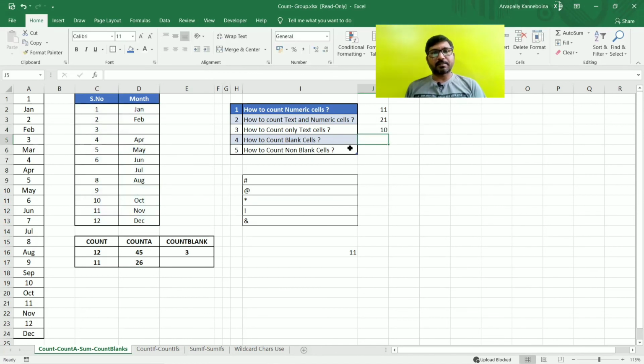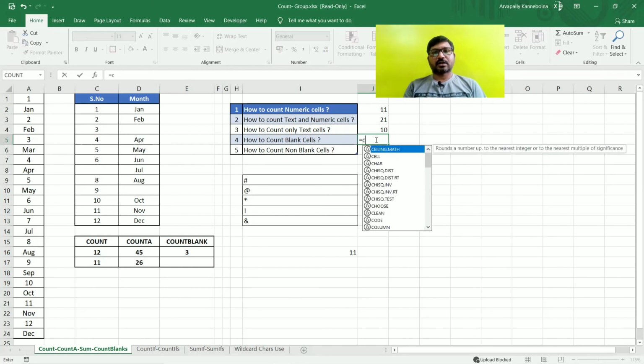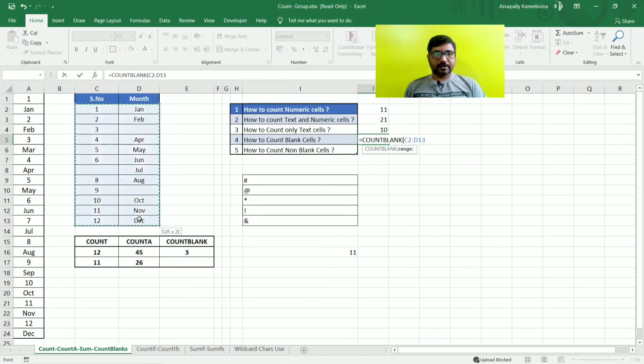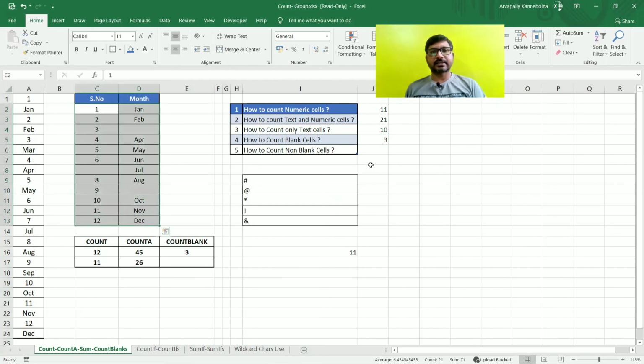Then how to count the blank cells is equal to, already we discussed, count blank. Count blank should get the input as a range. There are three blank cells in our range, right? Then how to count non-blank cells? Non-blank cells means it should be the count A formula only, there is no other option.